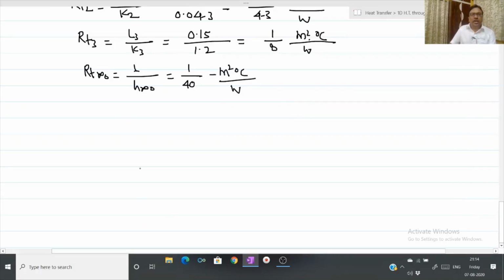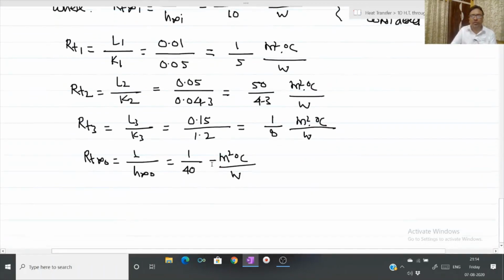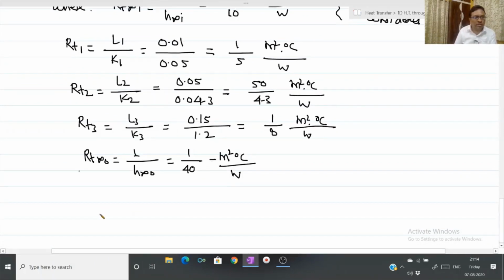So in this way, we could calculate values of all 5 thermal resistances: RT infinity I, RT1, RT2, RT3 and RT infinity O.